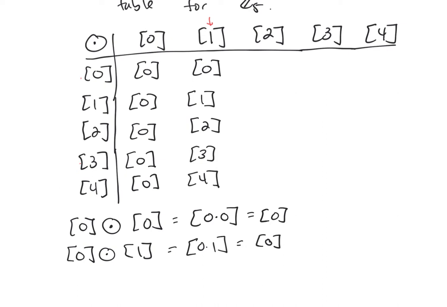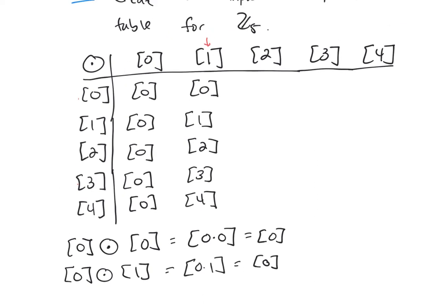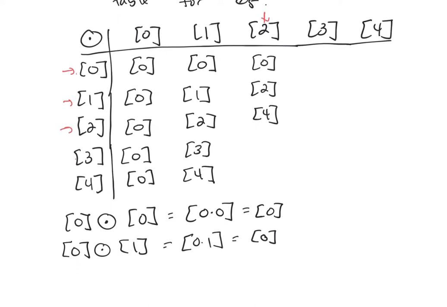So now that we've got that column done, you're going to move over to the next column. So let's look at 2. 0 times 2 is 0. 1 times 2 would be 2. 2 times 2 would be 4. And now let's look at the next one.